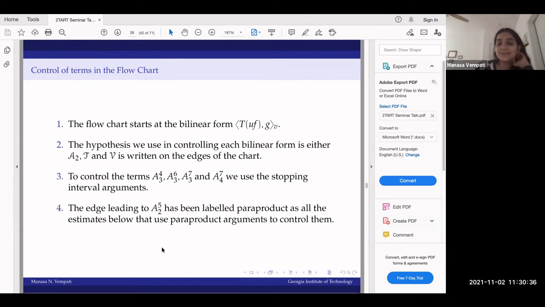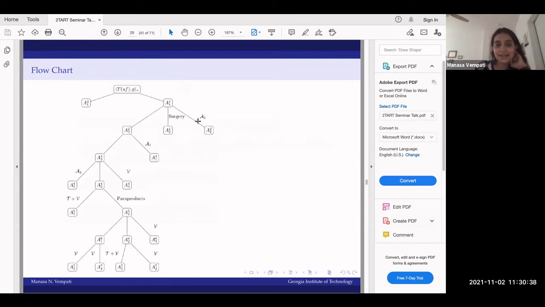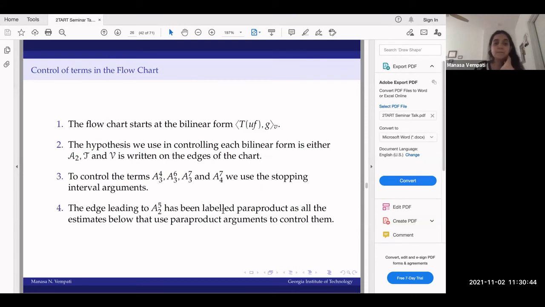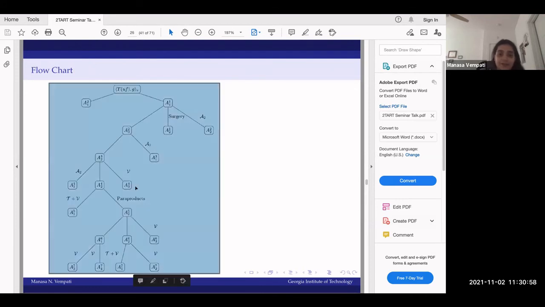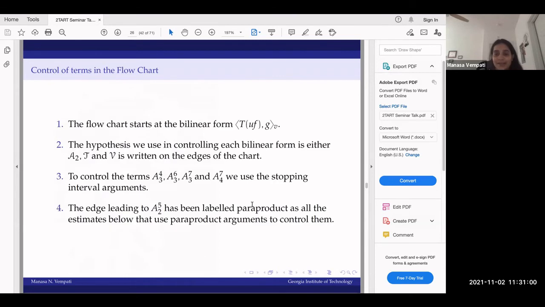So the flowchart here starts at the bilinear form T(f,g), where I'm considering f good and g good. And the hypothesis that we use in controlling the bilinear form is either the A2 condition, or the testing condition, or the pivotal condition. There are certain terms in this flowchart that use stopping tree arguments.